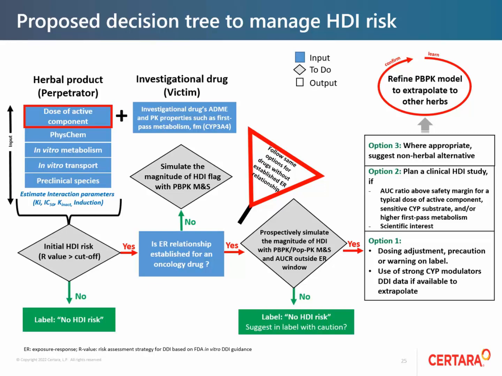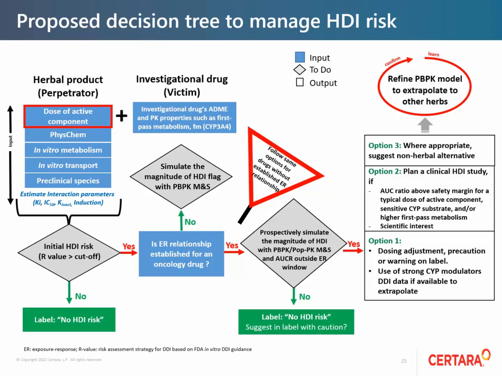But if you do have your exposure-response relationship and the herb-drug interaction risk stays below your window, then you can label no herb-drug interaction risk, or you could have a precautionary label in your drug label just to avoid extreme scenarios. If the exposure-response window is reached by your herb-drug interaction, then you have a few options.